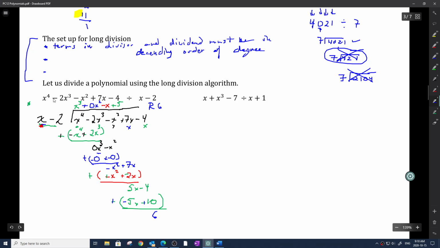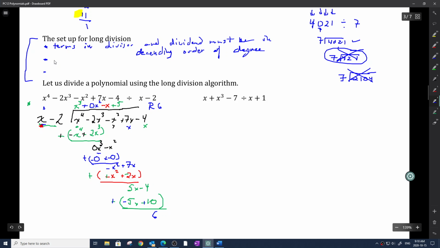In algebra, often we're able to mix all of these up, and that is still the same quantity. But when we do the long division algorithm, we have to make sure that they are in descending order. Same with the divisor here. This has to be x to the power 1, and really that's x to the power of 0.